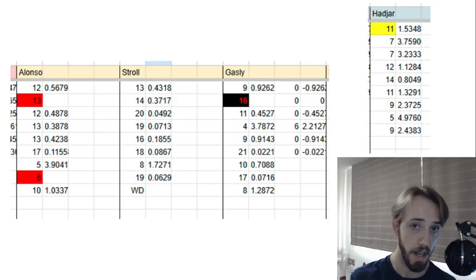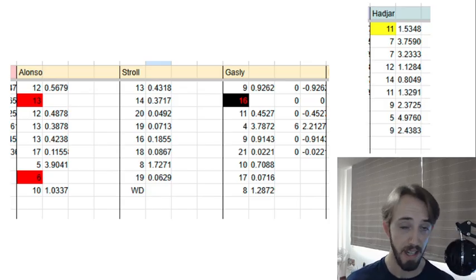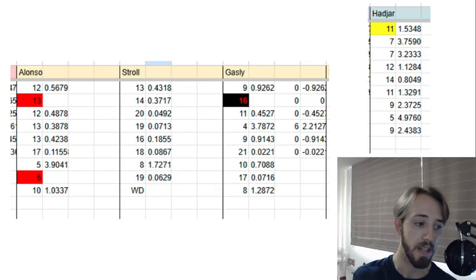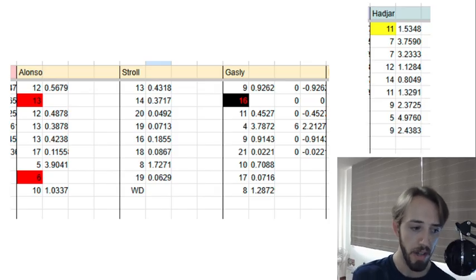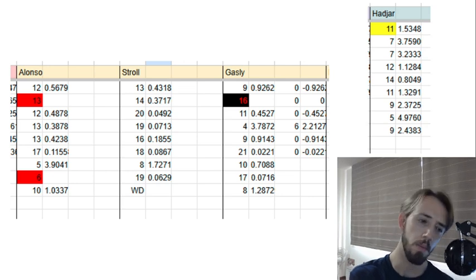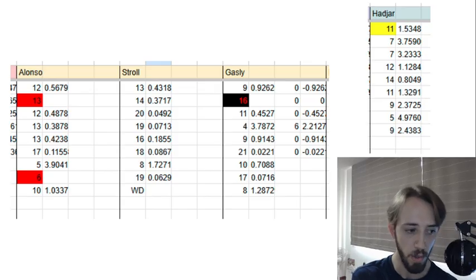Withdrawals, like Stroll had in Spain, or mechanical DNSs, where a car is not able to start the race because of some mechanical issue, are also not included, as are technical disqualifications, which is what happened to Gasly in China. Of course, if a driver gets disqualified for non-technical reasons, for example, if Verstappen had actually gotten a black flag last time out in Spain, that would have been included in his calculation.